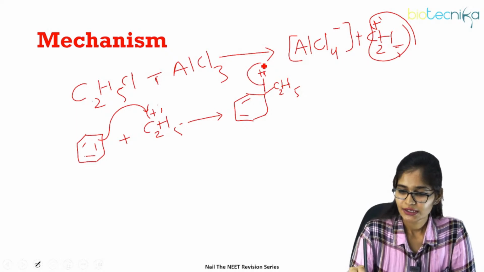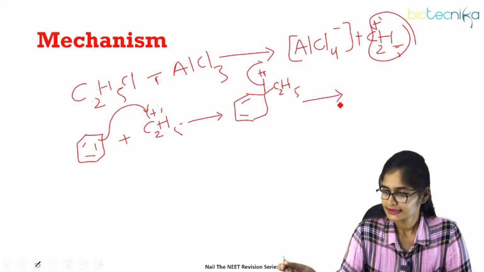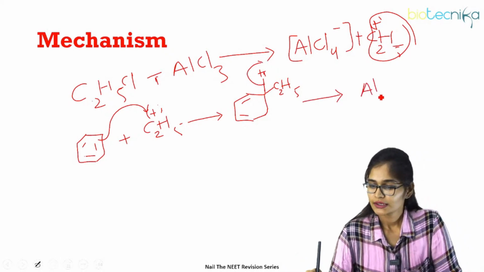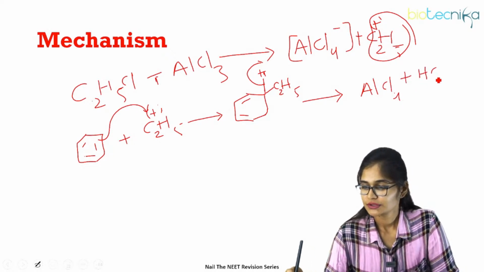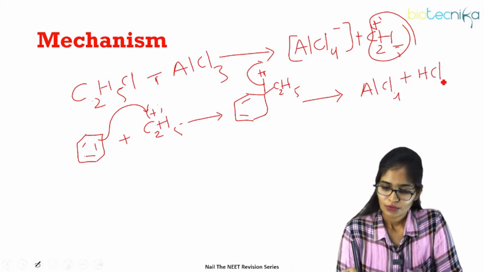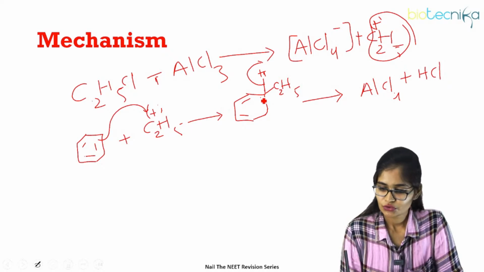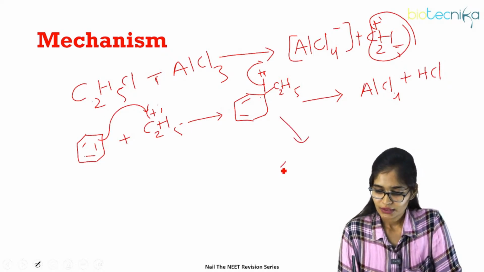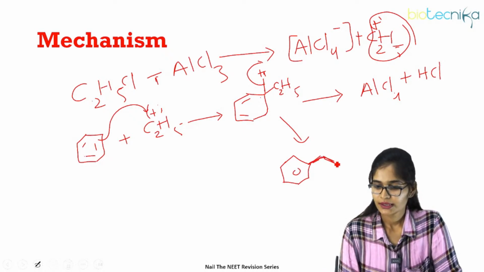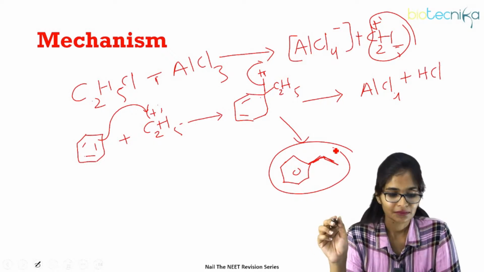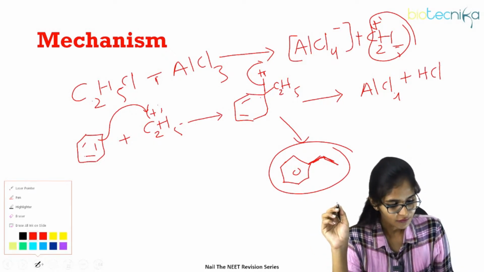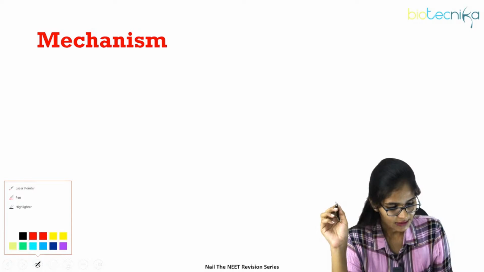This hydrogen will go out as HCl, with AlCl4 coming as it is. So a new bond will be formed, and that is ethyl benzene. This is the ethyl benzene you get from the Friedel-Crafts alkylation method. So this is overall Friedel-Crafts alkylation.